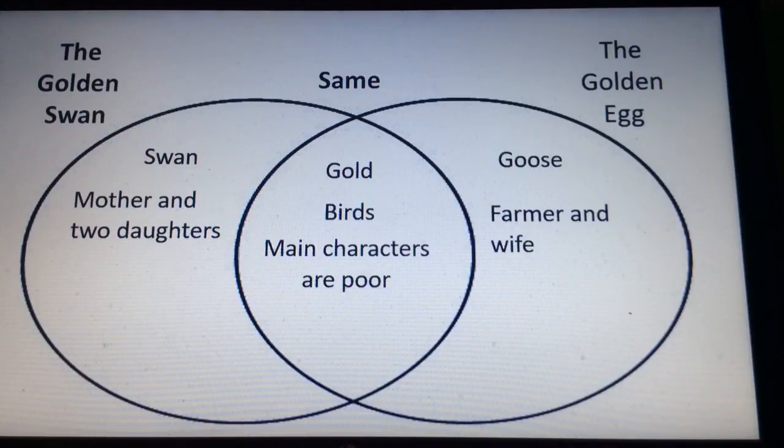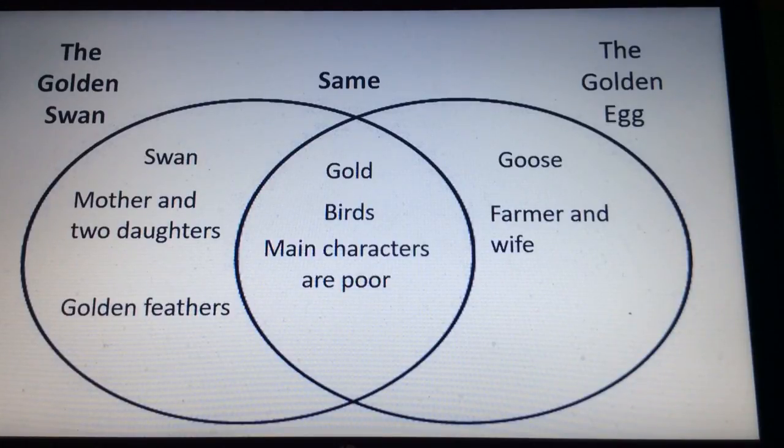Now, if we think about the gold, I don't think they got the gold in the same way in both stories. In the Golden Swan, how did the mother and daughters get gold? From the golden feathers. But in the golden egg, it was a little different. How did the goose present gold to the farmer and wife? Golden eggs. Excellent, excellent.